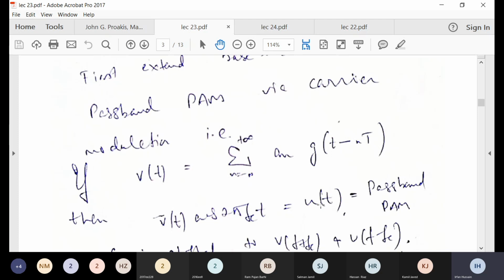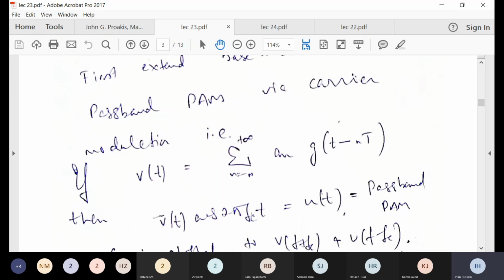So what happens when you multiply with the carrier? We all know, from chapter 3, that whatever the baseband spectrum, or the baseband Fourier transform of this signal, it will be shifted to higher frequencies fc and minus fc.